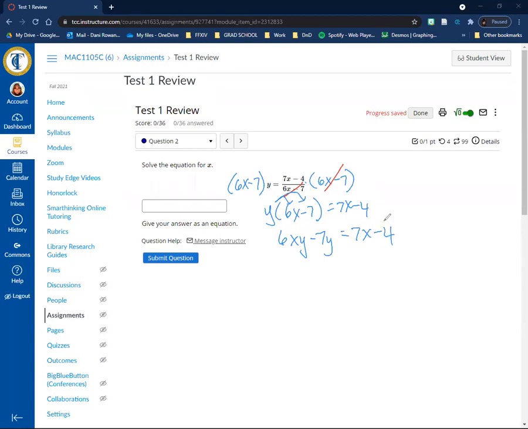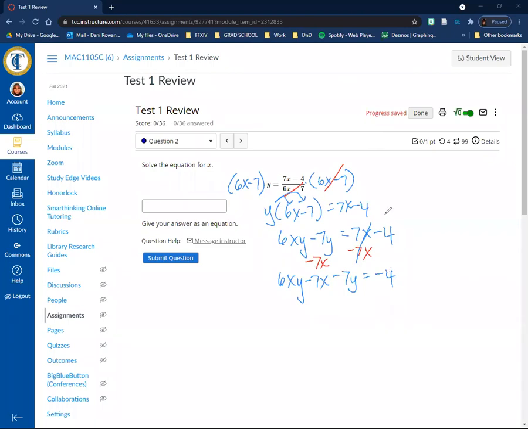Now remember, we're solving for x, so it's really important for us to get x all on one side. So we're going to move one of these x's over. Let's go ahead and do 7x. So we'll move 7x. Okay. That cancels that out. And now we have 6xy minus 7x minus 7y equals negative 4.